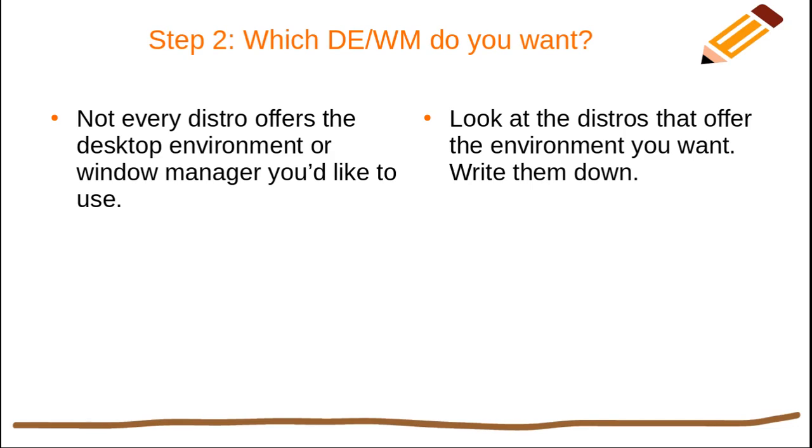So first, try to choose something, or at least, even if it's not just one, just choose your favorite ones, and then look for distributions that offer the desktop environment that you want.